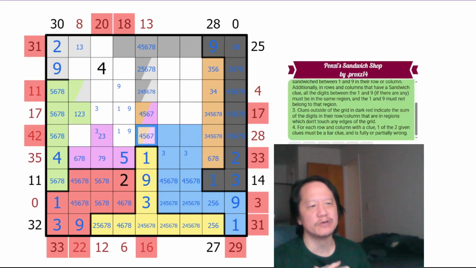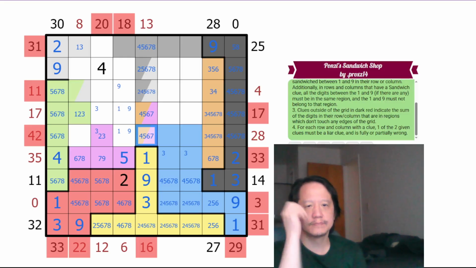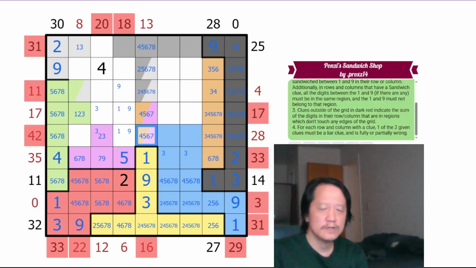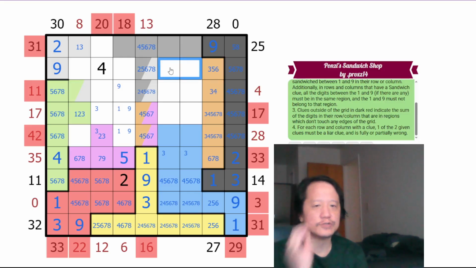It's probably going, well, we don't know. Orange could be part of that region again, right? So you could have 1, 2 still here as orange.